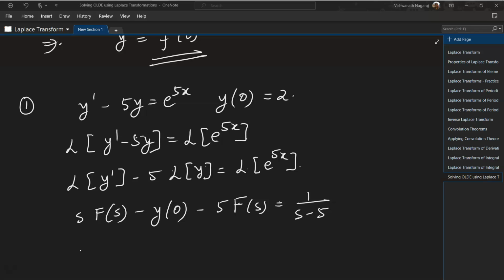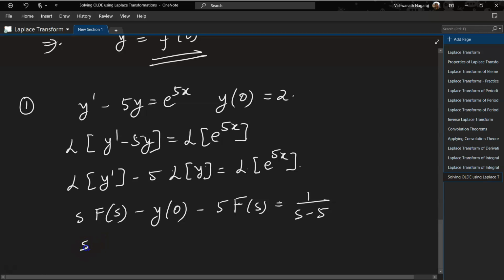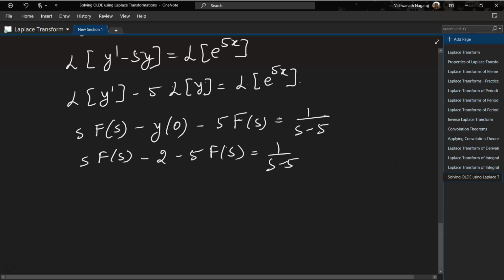Now let's do the substitutions. So s of f of s minus y of 0 is 2, minus 5 f of s is equal to 1 by s minus 5.